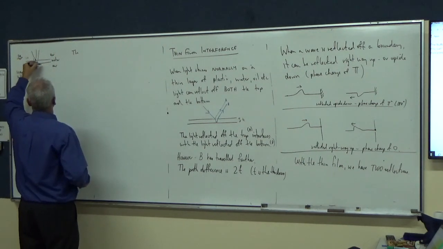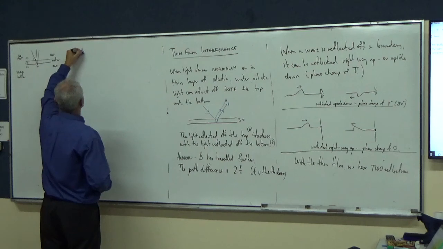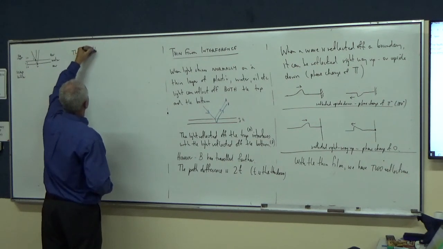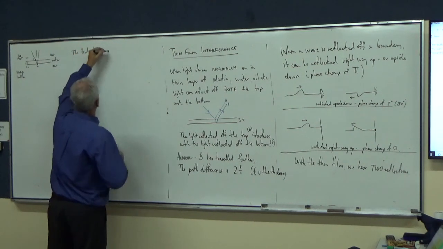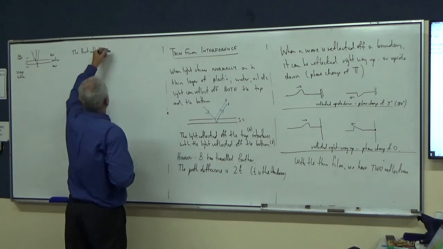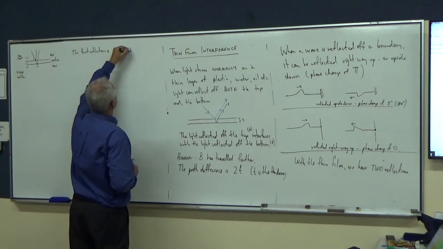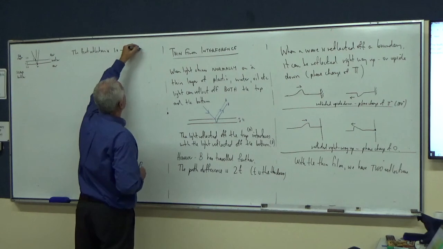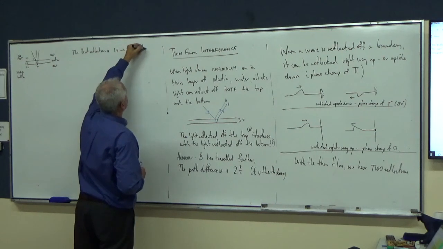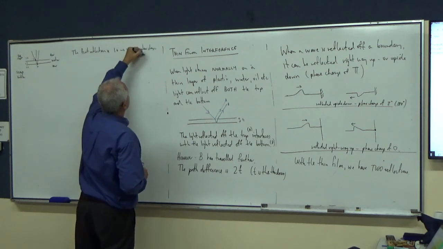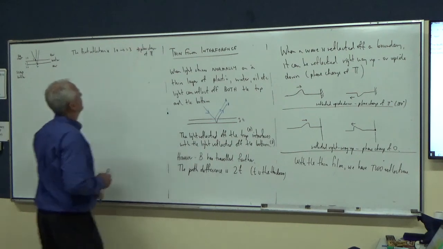First reflection is there, the second reflection here. The first reflection is 1.0 to 1.3, therefore phase change of pi.